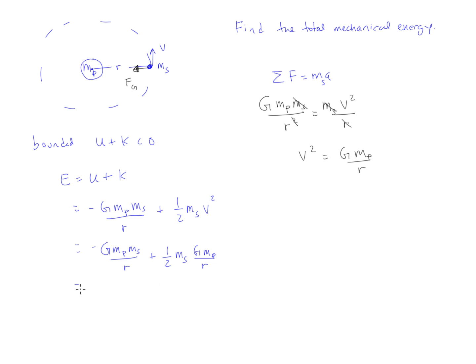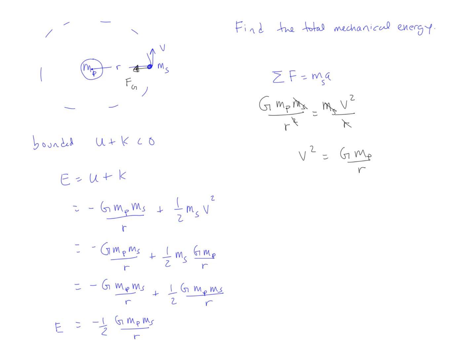And if I rewrite this, you get minus G, mass of the planet, mass of the satellite, over r, plus 1/2 G, mass of the planet, mass of the satellite, over r. You can see that now these two terms are the same. So I have minus 1 plus 1/2 of the same term. So that gives me minus 1/2. So I'm left with minus 1/2 G, mass of the planet, mass of the satellite, over r is the total energy of the system.